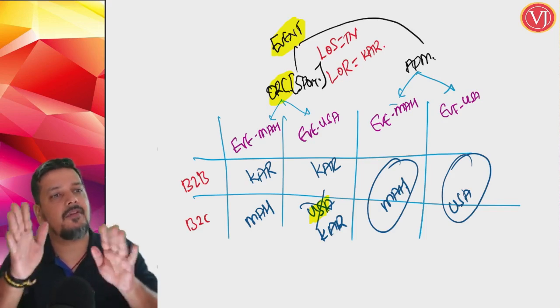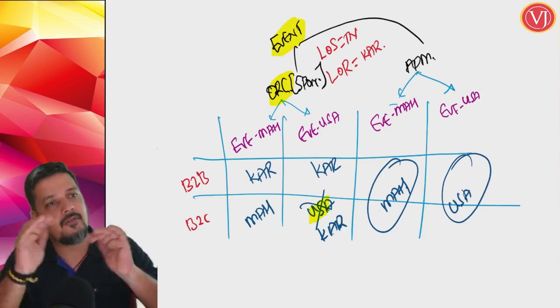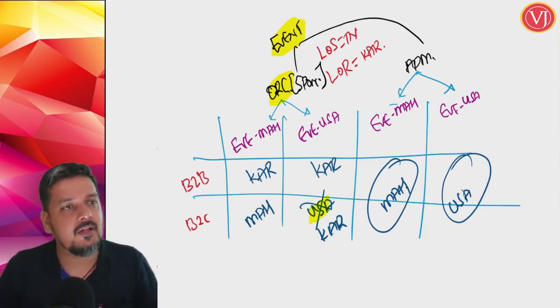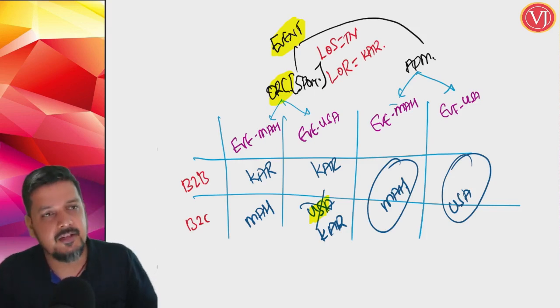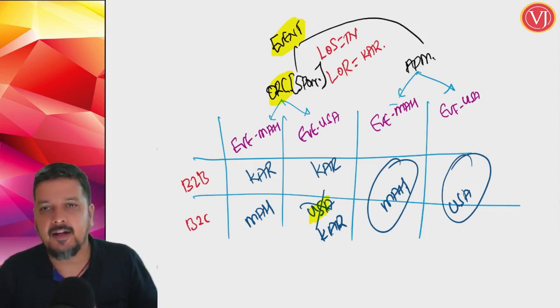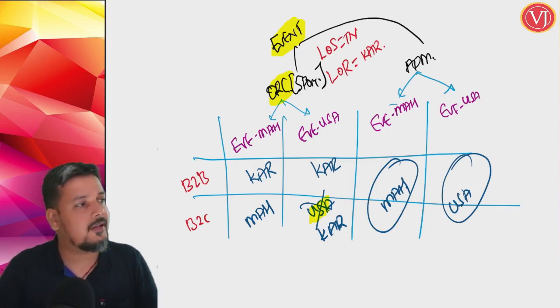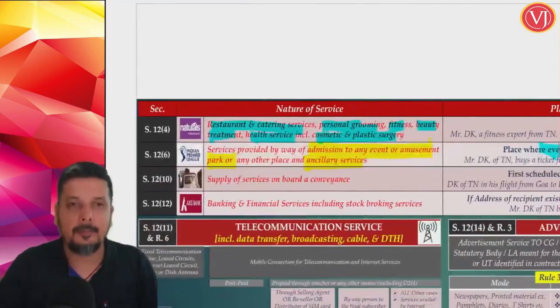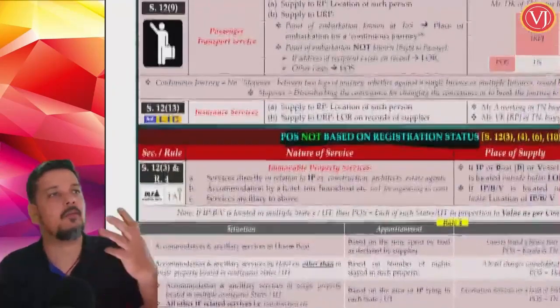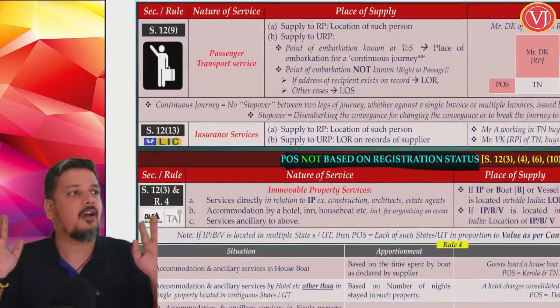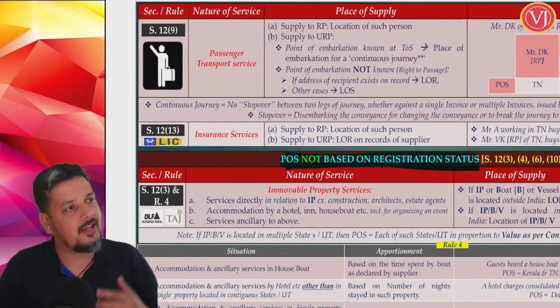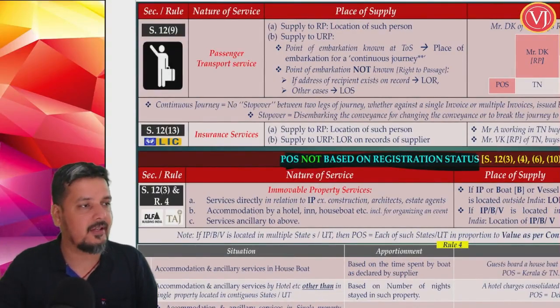It is location of event, whether in India or outside India. Are you guys clear with this understanding? This is how you have to look at the provisions. So performance based, one was in B2B, B2C category, one was normal category. Forget about B2B, B2C. Same was true with event.